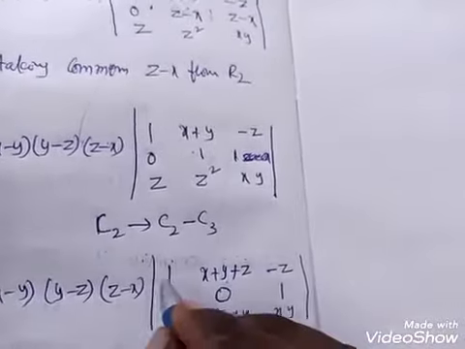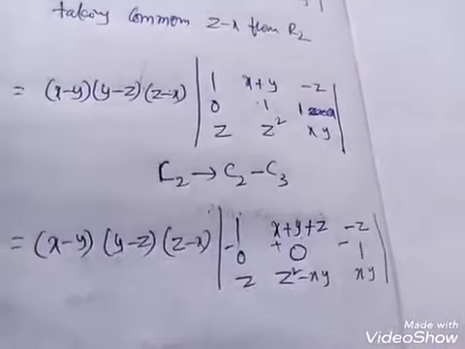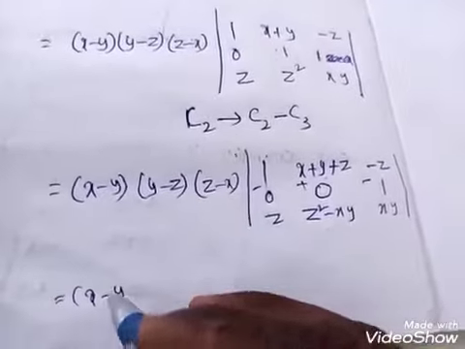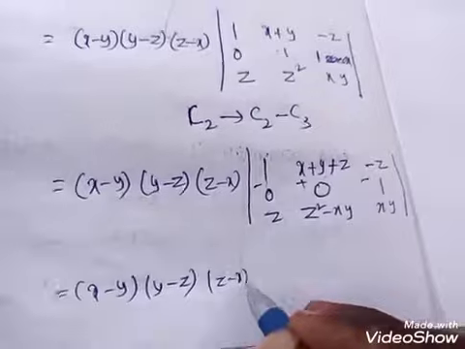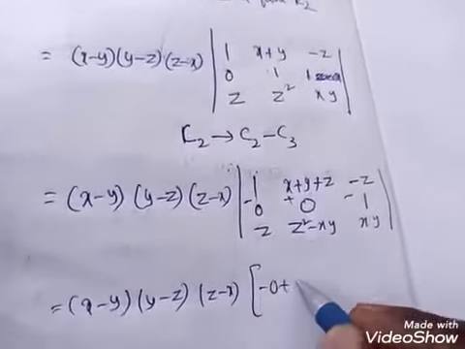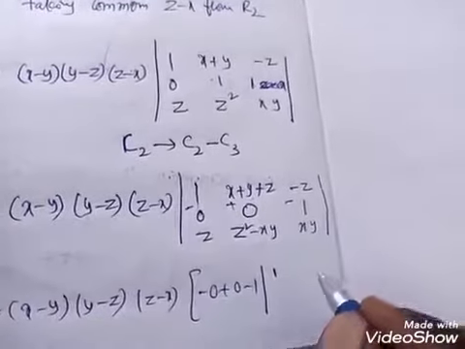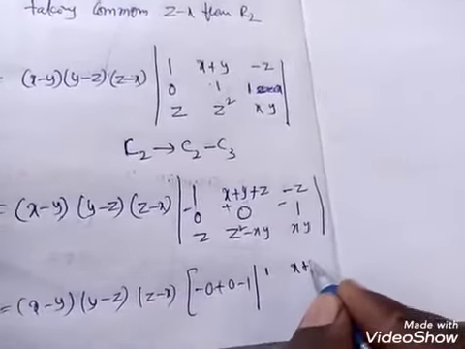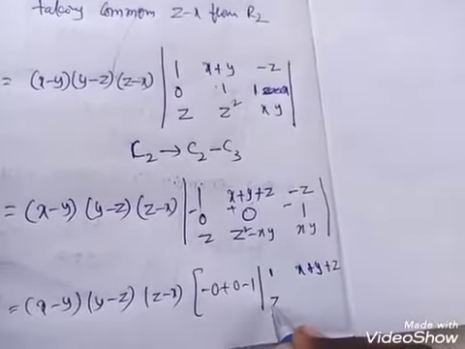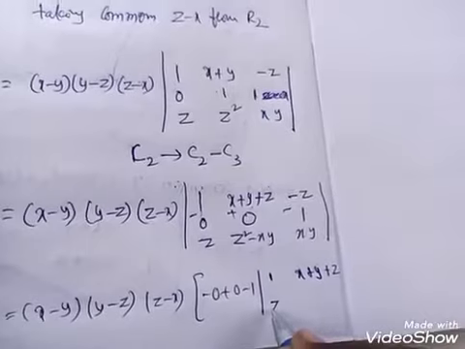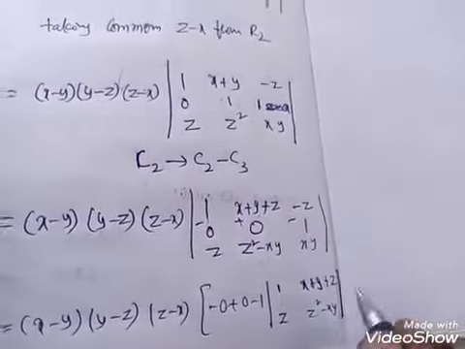Now the sign pattern is plus minus, minus plus minus, expanding with row 2. Then what are you going to get? x minus y into y minus z into z minus x into minus, 0 plus 0 minus 1 into, removing that row and column, 1 into x plus y plus z, and this is z, into z square minus xy, and expand this one.